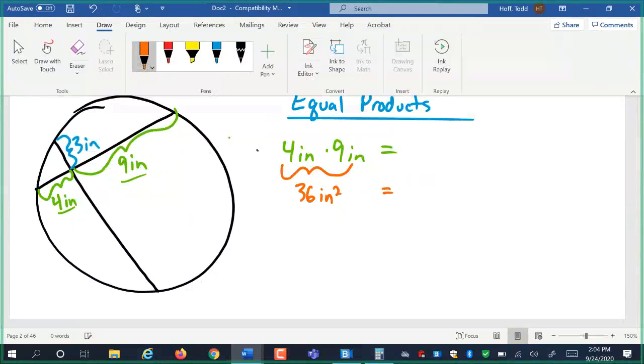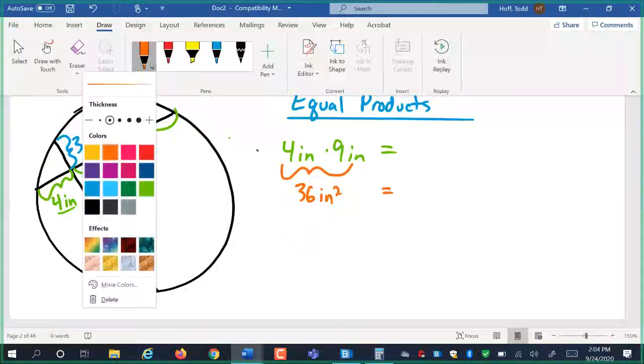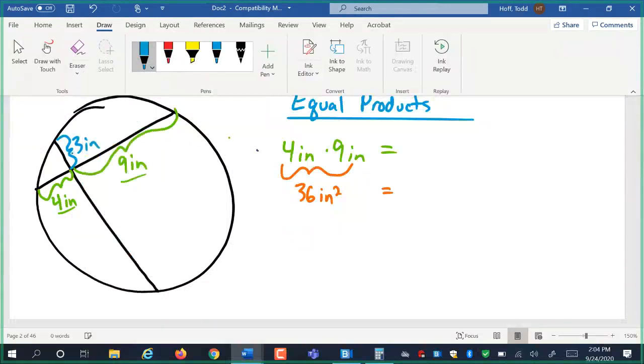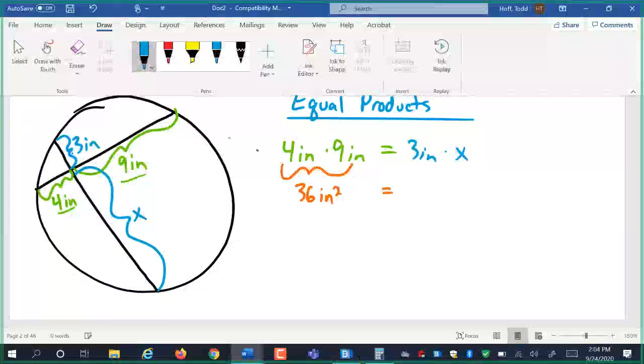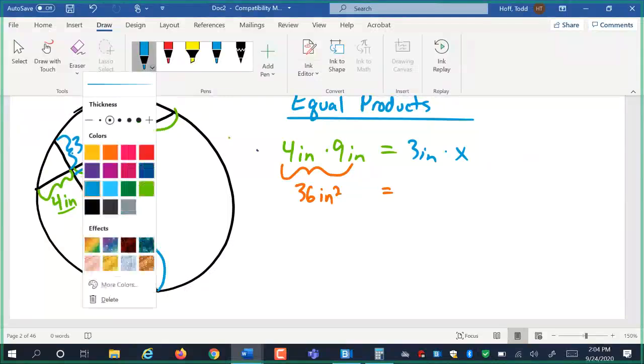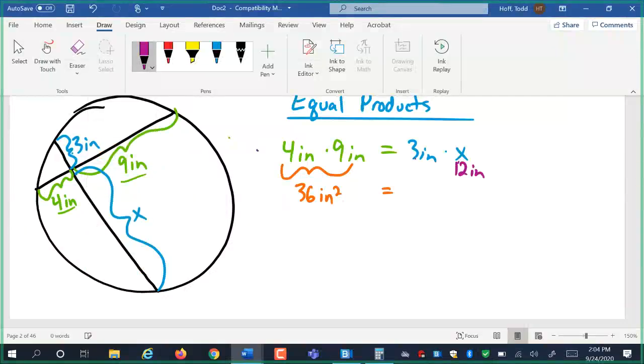That has to equal what we get on the other chord: we've got 3 inches times that unknown length, x, has to multiply up to be 36 square inches. So that's telling us that that unknown length has to be 12 inches, because 3 times 12 is 36 square inches. So that has to be 12 inches of length.